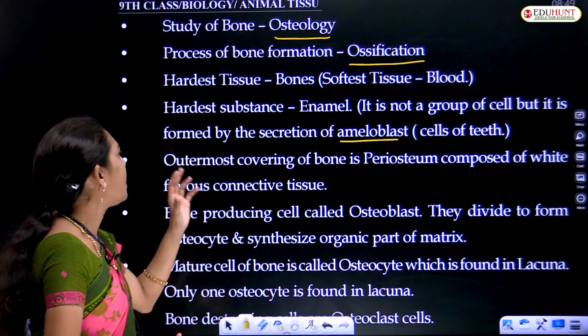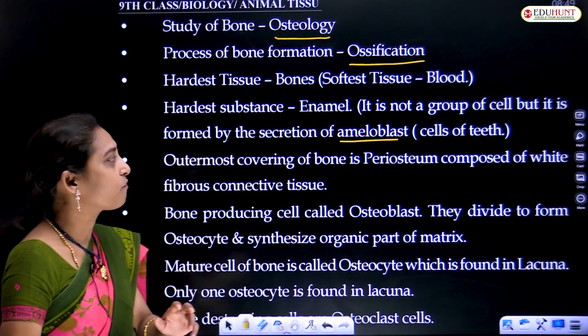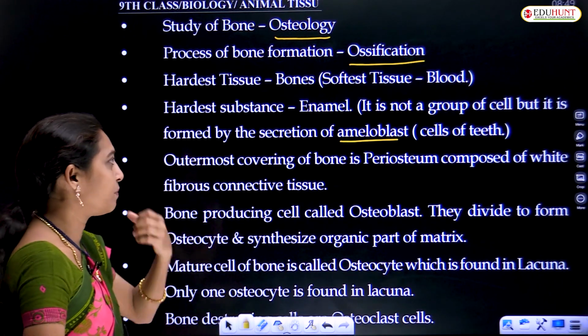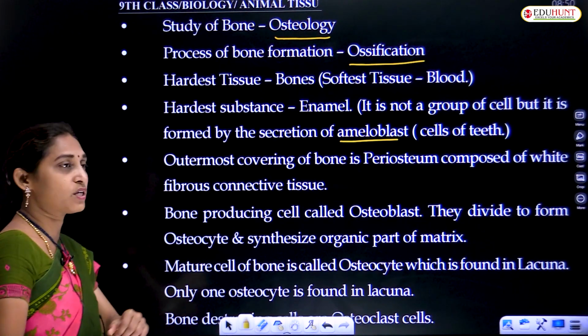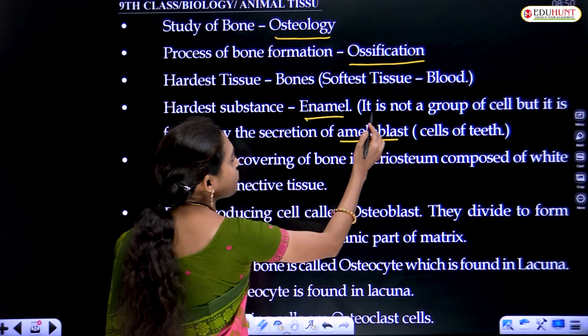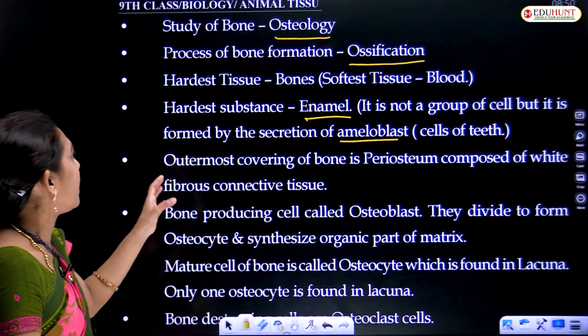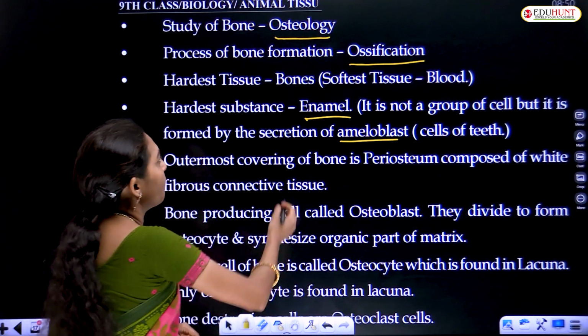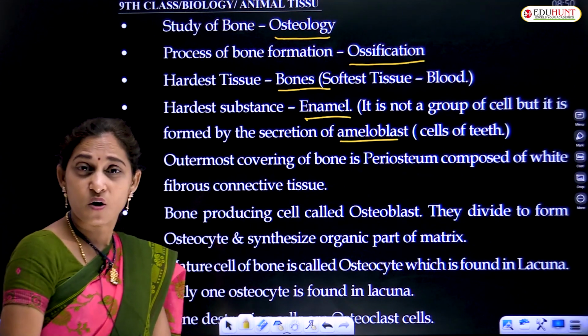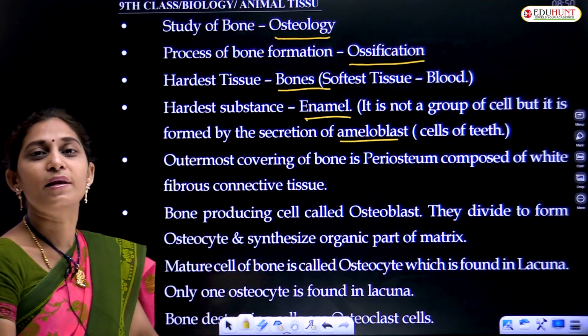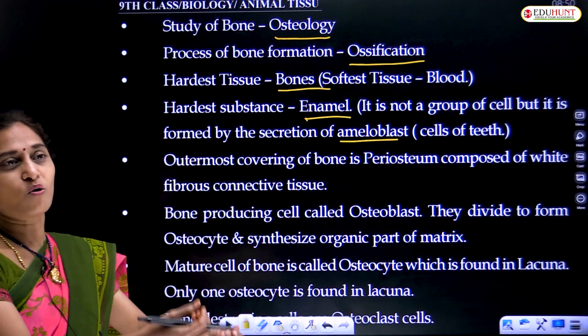Okay, that is the hardest material of the body. Hardest material of the body, hardest substance of the body is the enamel produced by amyloblast, and hardest tissue is the bone. And soft tissue edi ante blood, because it is like liquid, it flows.